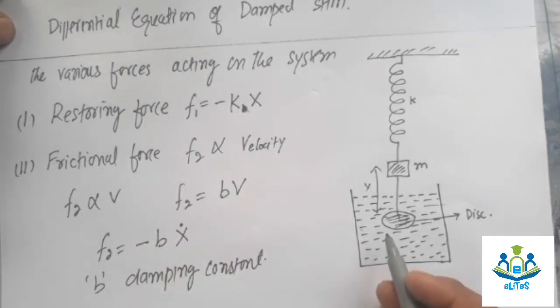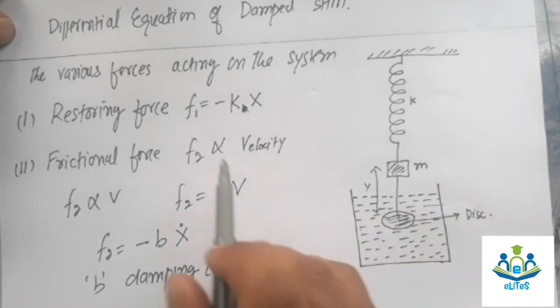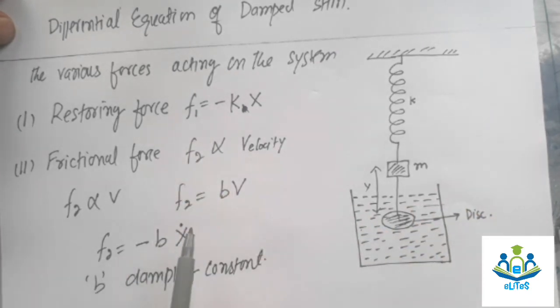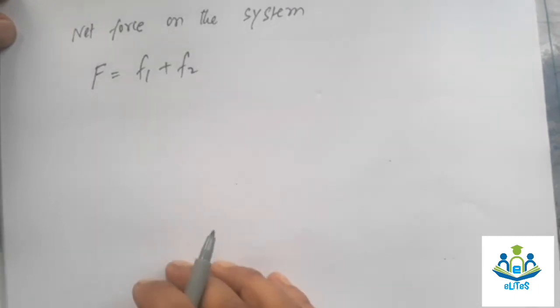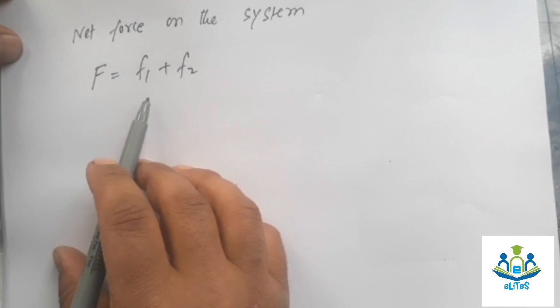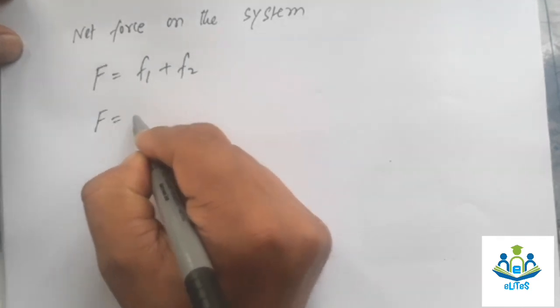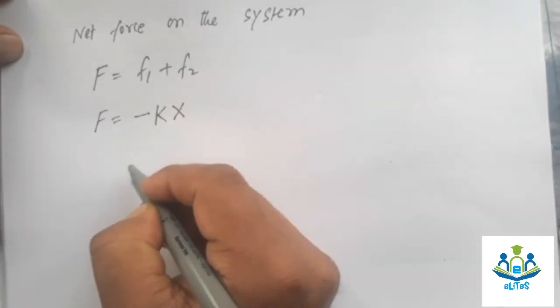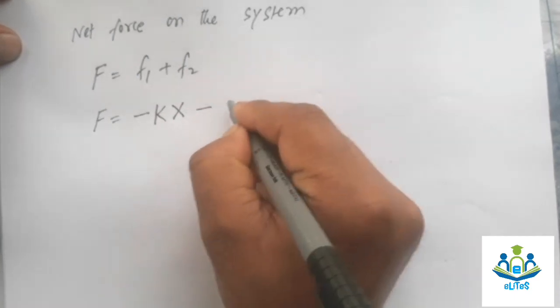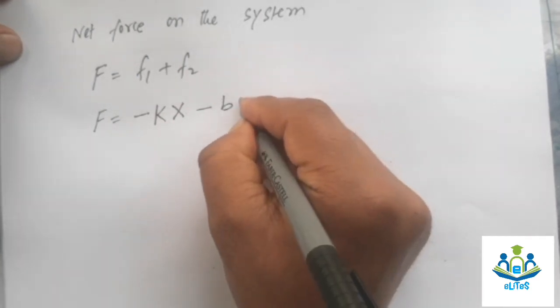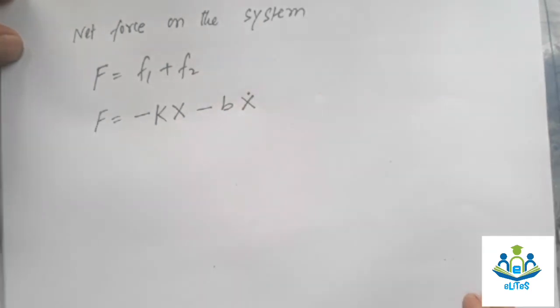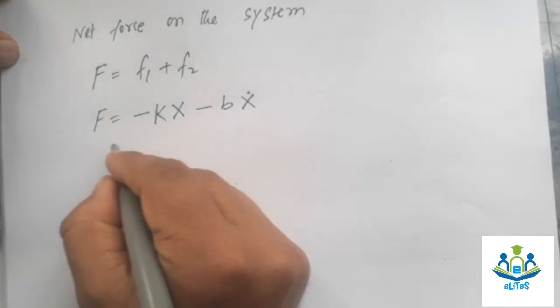These are the two forces acting on the spring system, and both have a negative sign. This negative sign shows that the frictional force and the restoring force are opposing the motion of this system. The net force will be F1 plus F2, so the net force is minus kx minus b x dot.